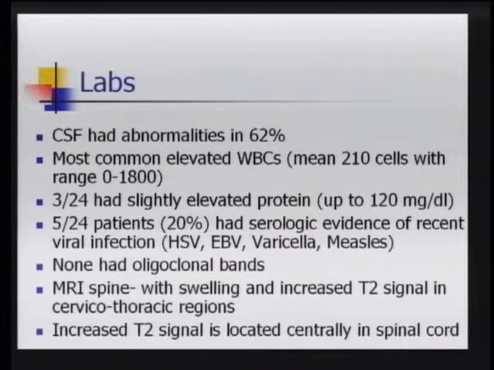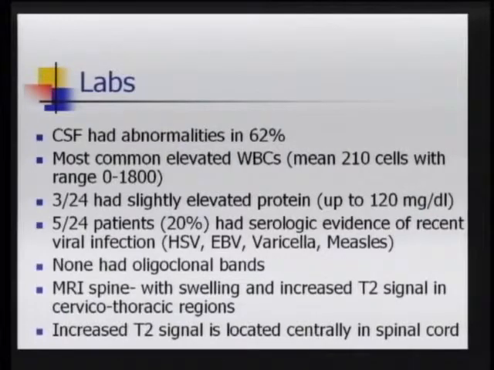Abnormalities: in this study, there was a mean number of 210 cells in the CSF, and only 3 of the 24 had slightly elevated protein. I tend to see that to be a little bit more elevated in 40% of my patients that I've seen.